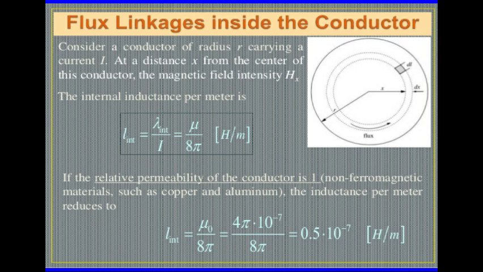If the relative permeability of the conductor is 1, as for a non-magnetic material such as copper and aluminium, then the inductance per meter will be L internal is equal to mu 0 upon 8 pi, where mu 0 is the permeability of air and its value is 4 pi into 10 to the power minus 7. Now the value is 0.5 into 10 to the power minus 7.